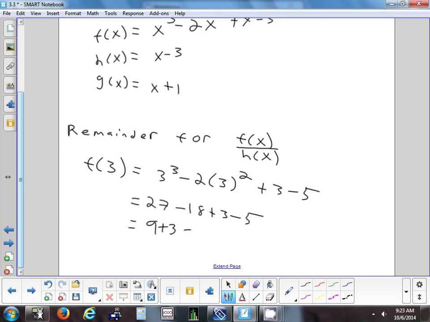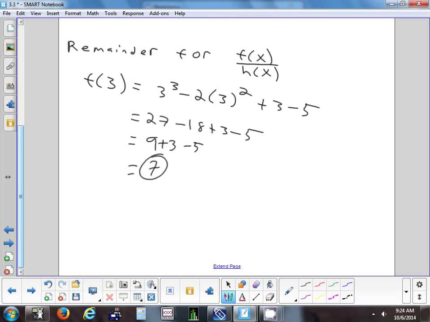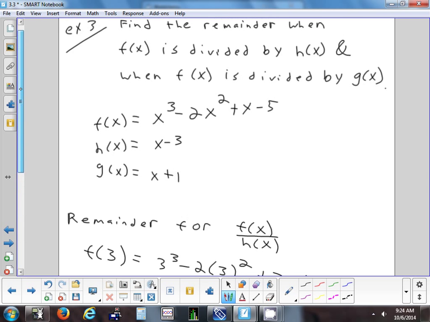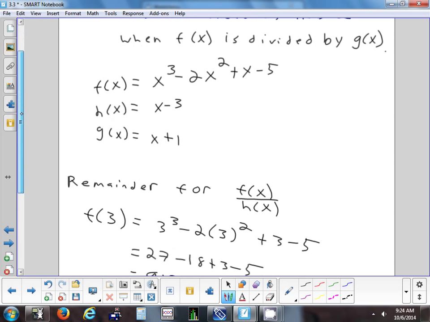So 9 plus 3 minus 5. Okay, and Julia, what's 9 plus 3? 12, and take away 5? 7. So that would be the remainder. If you were to do out this long division, that's the remainder you would get because of the remainder theorem. Okay, let's try the remainder for f of x divided by g of x.